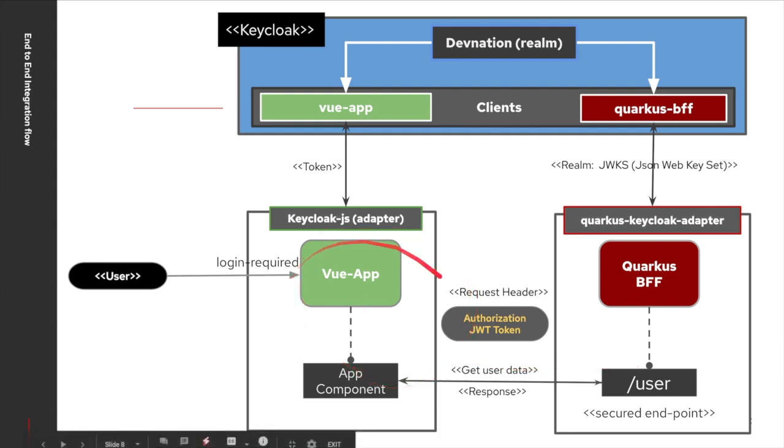Your Vue.js application is getting a token from the Keycloak server, which can be passed using the request header as a bearer token. With every request, you need to pass this token to get a response from the secured endpoint. We'll see the token validation in the next slide.